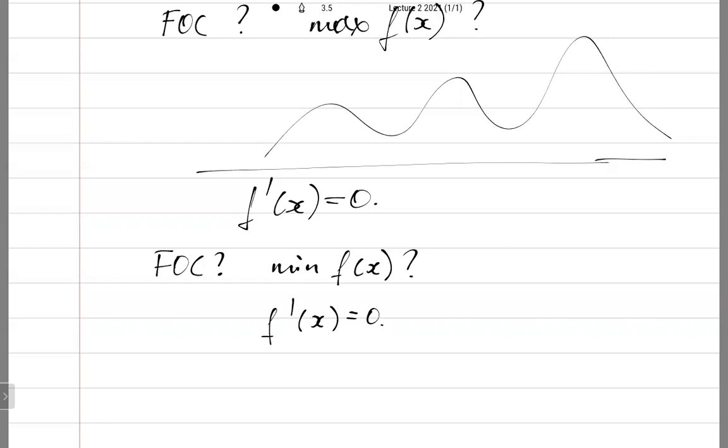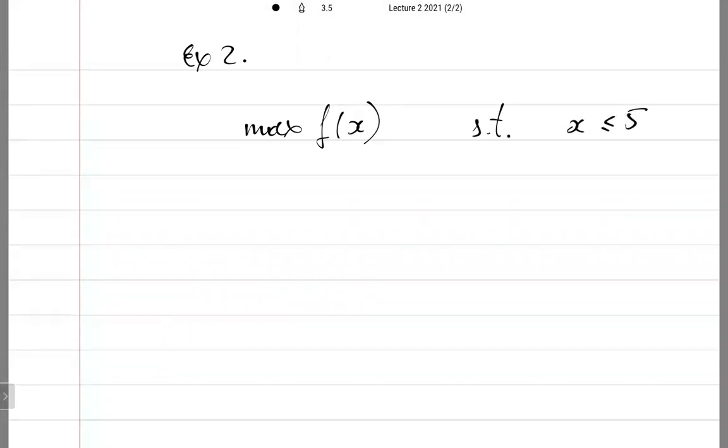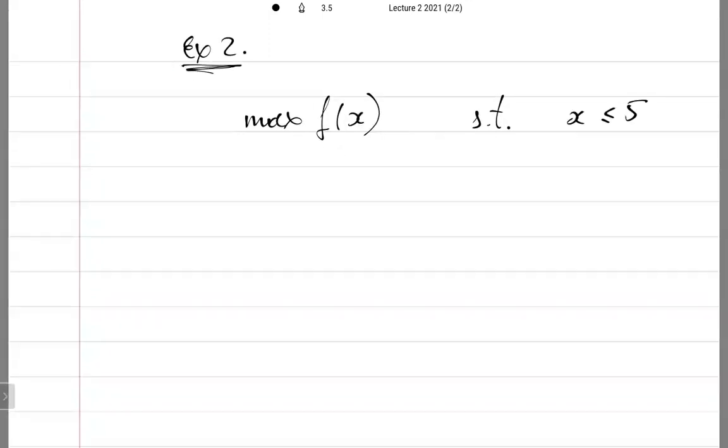And now let's move to example 2, to build our intuition. Now we have an inequality constraint problem. So we maximize some f of x, but we have an inequality constraint: x is not less than 5. And let's draw 2 possible solutions.